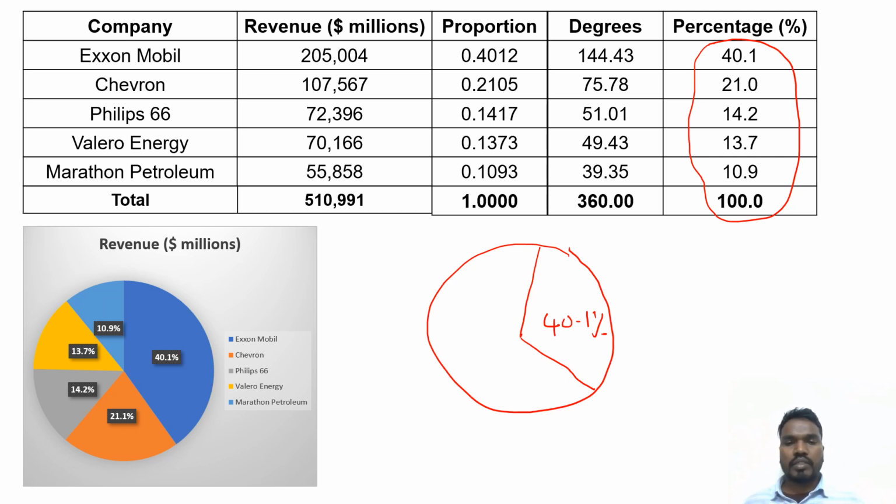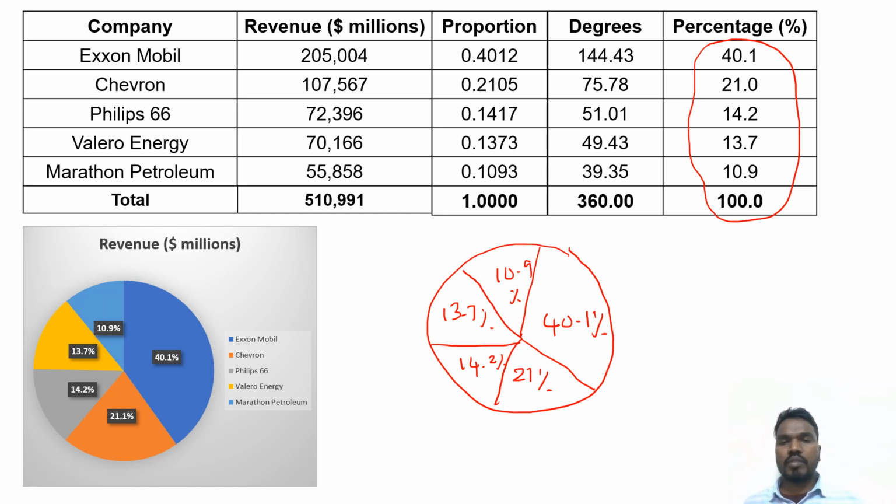So lesser than this, so this is a 21 percentage. And next what is the highest one? 14.2. So therefore smaller slice, so this is a 14.2. And then next 13.7, right? So this is a 13.7 percentage. Then we are left with 10.9, right? So this is how we construct a pie chart, right?